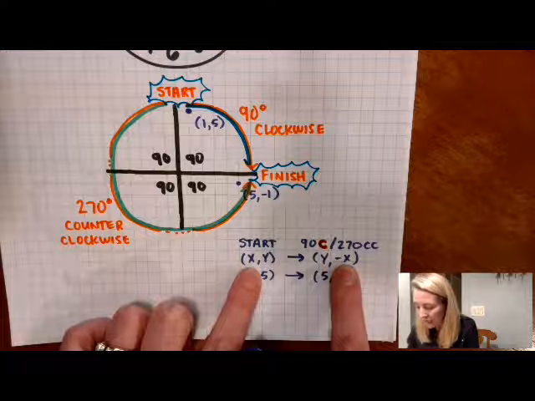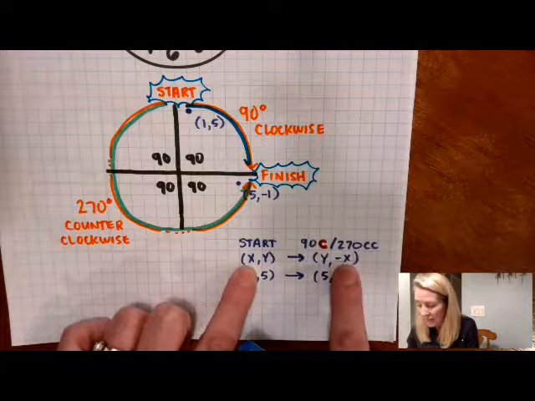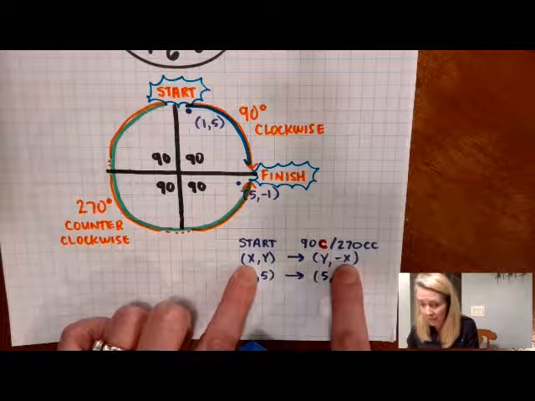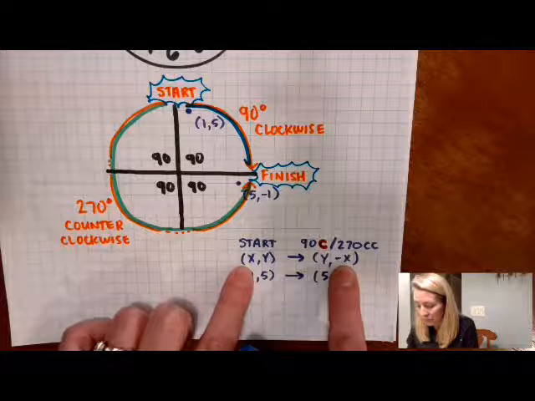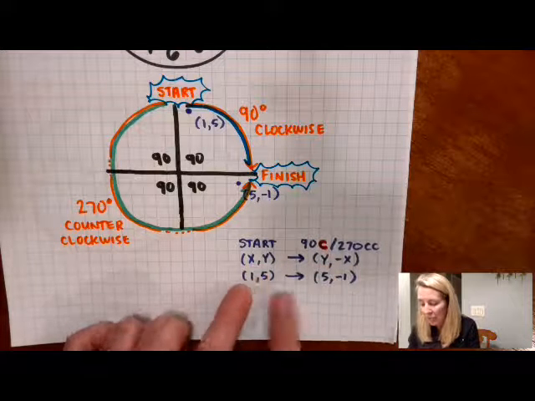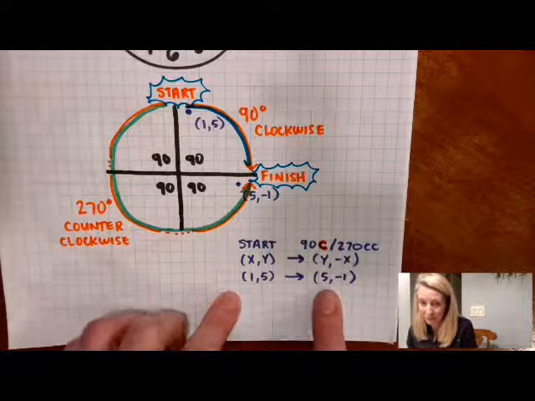So whatever your X was, it's going to be moved to second place, and then changing the sign. So if it was a negative, it's going to be a positive. And then your Y is going to be the first number. So for example, if I have (1, 5), it is now going to be (5, -1).